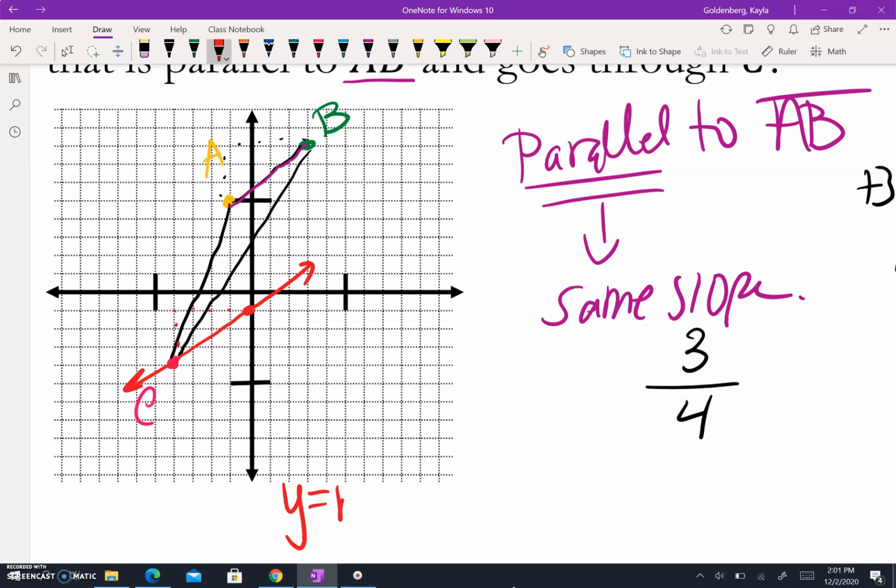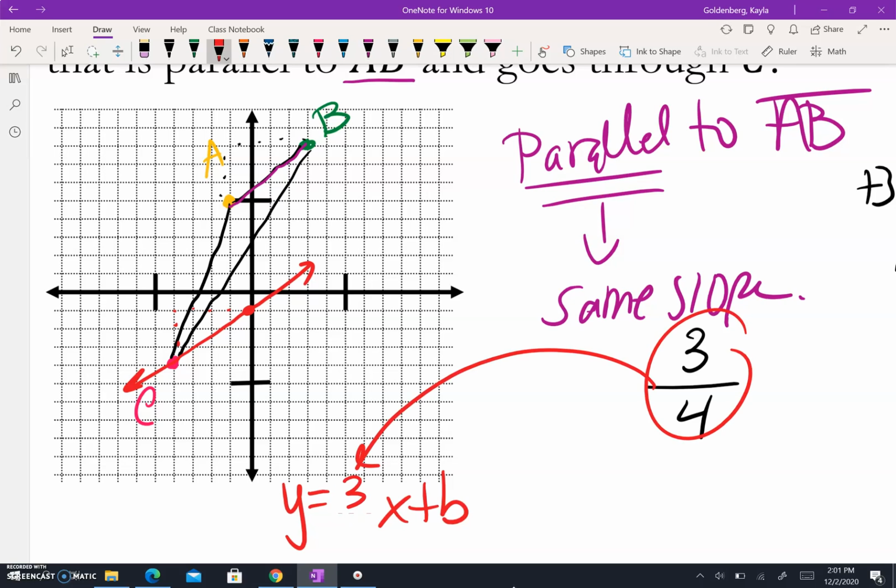I know it's y equals mx plus b, and I know the slope has to be that 3/4. So I know I can stick that in right away. And then your y-intercept, I'm going to make that yellow just for color coding. The yellow y-intercept is going to be, it looks like a -1. So I might rewrite that as -1. And that's your final answer.